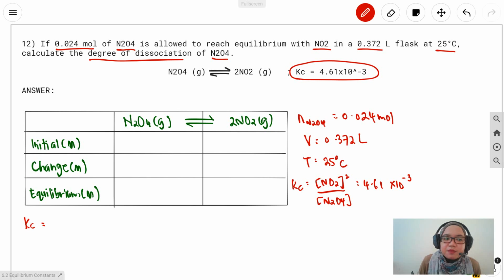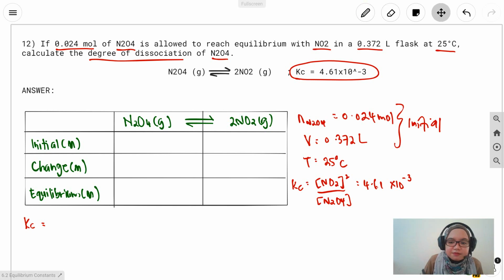So we know the initial concentration can be found from this, at initial. It gives you the number of moles of N2O4 as 0.024 mole and the volume as 0.372 liter. You know that concentration equals number of moles over volume.